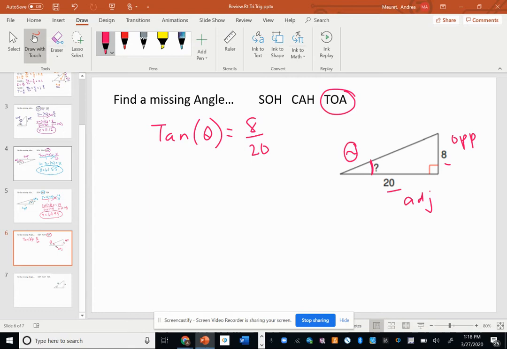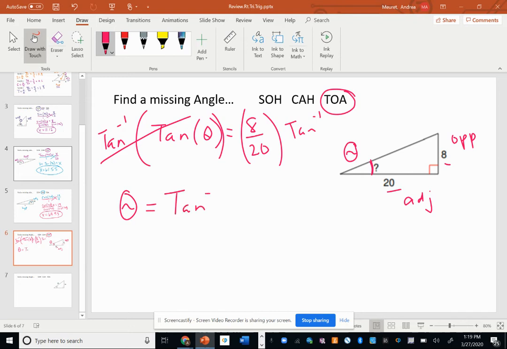So inverse tangent, we note using that notation, and then we can also find the inverse tangent of this. So this crosses out, and we have theta itself is equal to the inverse tangent of 8/20.